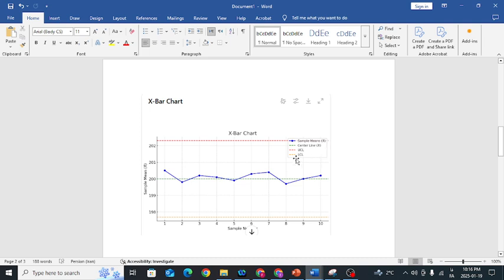This is the sample mean, the number of sample means, and the center line is this, and this is the UCL, which means the upper control limit, and LCL, the lower control limit. Later in this session, I will explain more about this information.